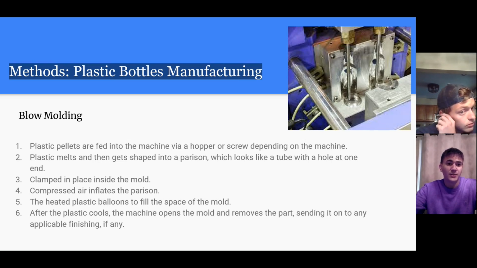And then this is clamped in place inside of the mold, and it is blown up using compressed air that inflates the plastic to the inner walls of the mold in the shape of the bottle, and then it cools, and this is how your plastic bottle is made. So as you can see in the picture, the tube of air expands the plastic into the bottle shape that you see.